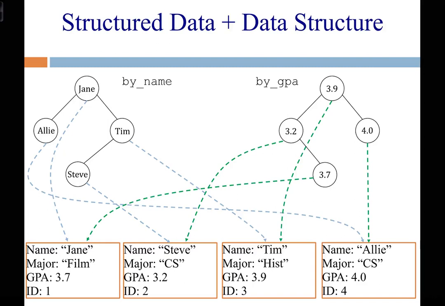In one tree the nodes just hold a name plus a pointer to the full record. In the other tree, the nodes hold a number plus a pointer to the full record. That's what today is all about: these pieces of information used to build these data structures, a subset of the full information, called a key.